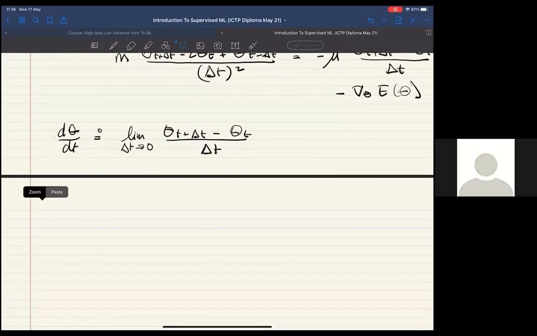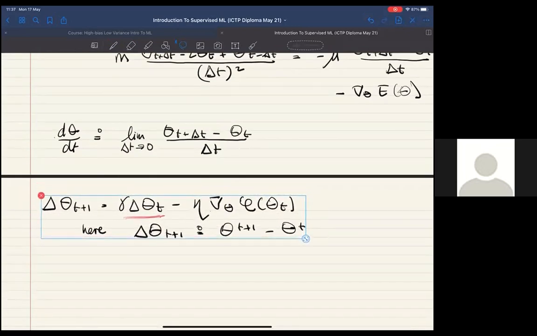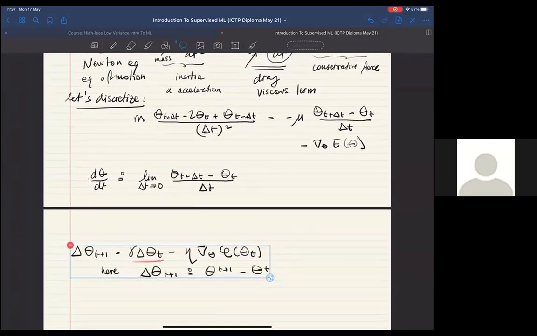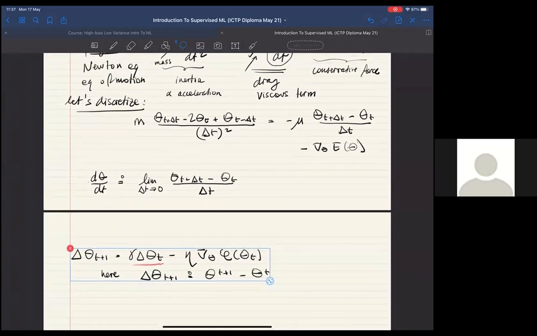How do we identify now? Sorry, no, the identification is not direct. We need to work a bit more.